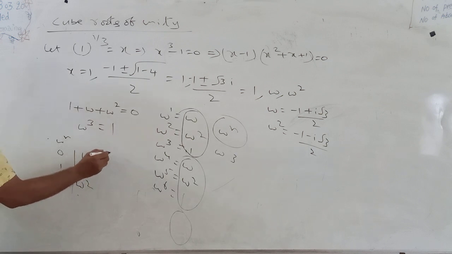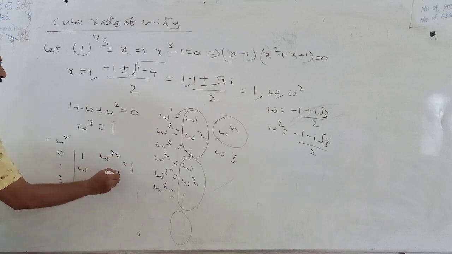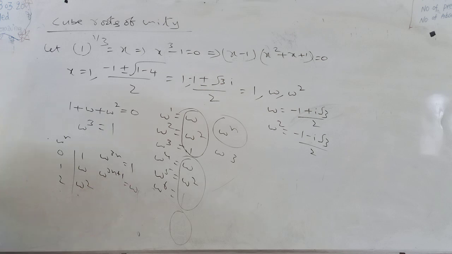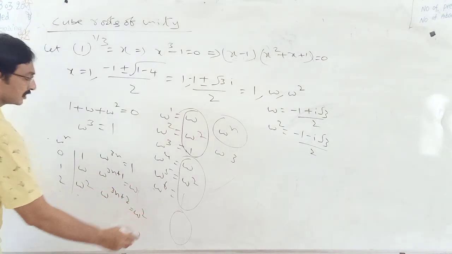So that means omega power 3n value is always 1. Omega power 3n plus 1 is always omega. Omega power 3n plus 2 is always omega square.